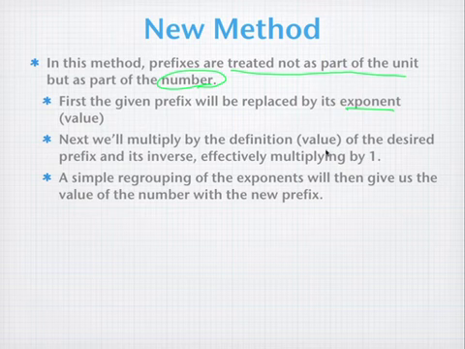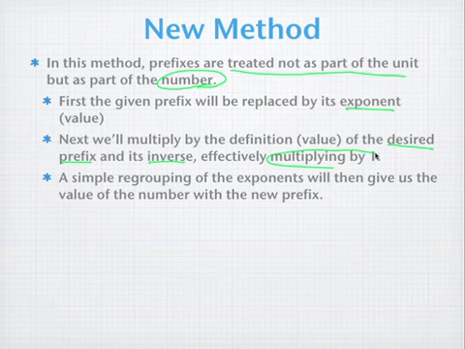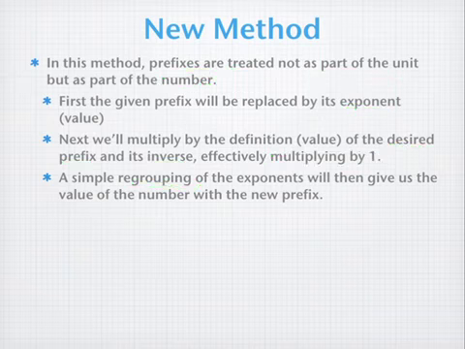Then we're going to take the desired prefix, the new prefix that we want, and multiply our number by the prefix and its inverse, which is effectively multiplying by 1. So we're not changing the value at all. And then we're going to regroup the exponents, and that will show us the value of our number in its new prefix. Let's see how that works.